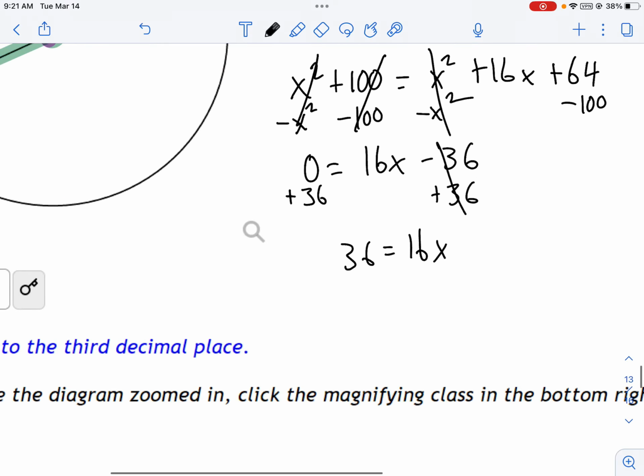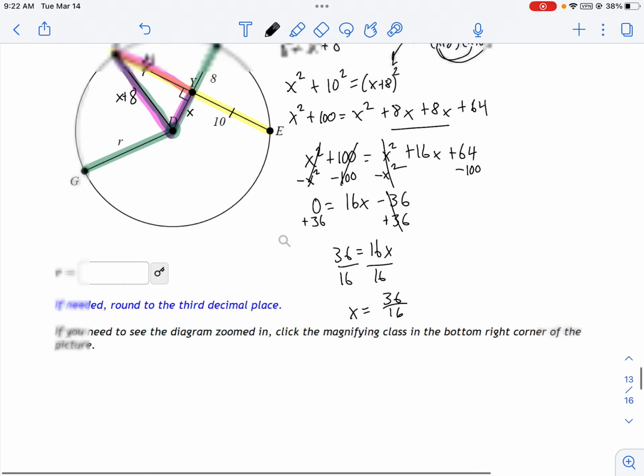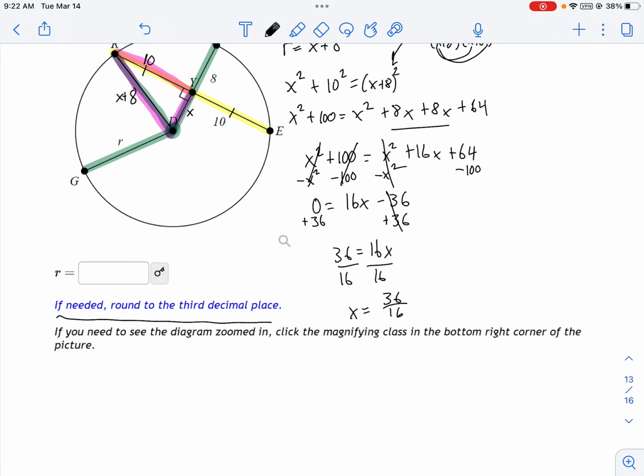Finish it out. Divide by 16 both sides, and we get x equals 36 over 16. Now, our answer here says, if needed, round to the third decimal place, so it's not looking for a fraction, nor is it looking for a simplified fraction. Because this would simplify to, let's just divide by 4, 9 over 4.